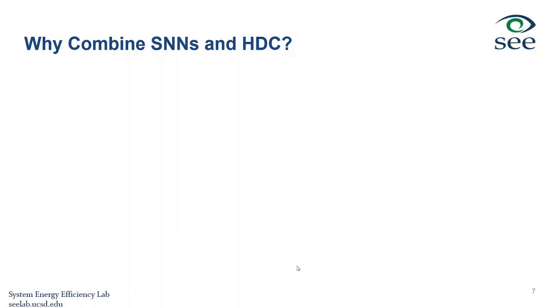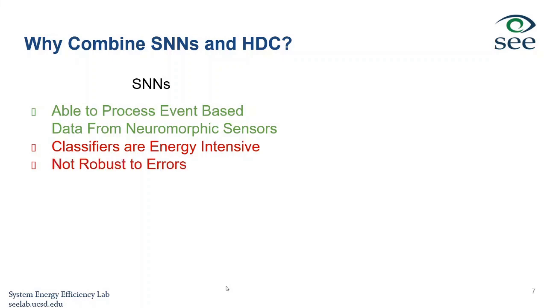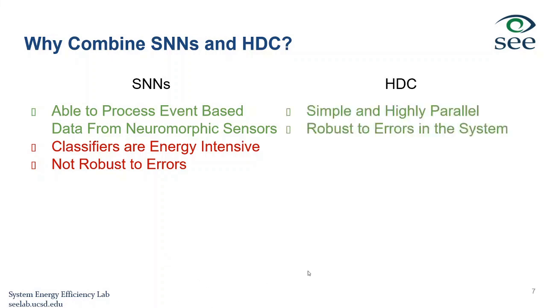SNNs and HD computing have different pros and cons. For example, SNNs have the ability to process event-based data from neuromorphic sensors. However, they are more energy intensive and not as robust to errors. HDC has simple, highly parallel operations that make it more energy efficient.